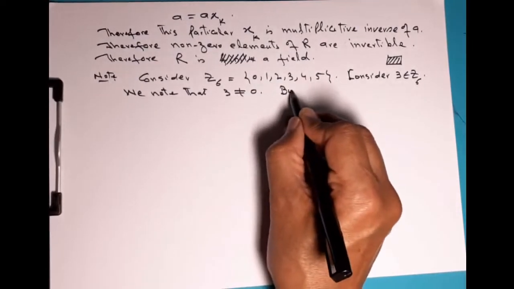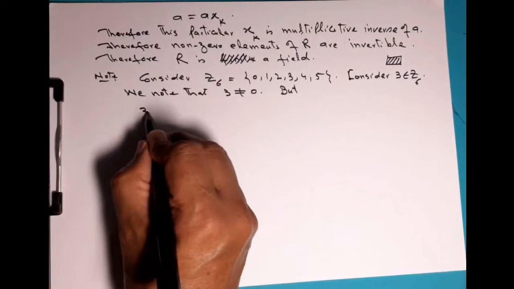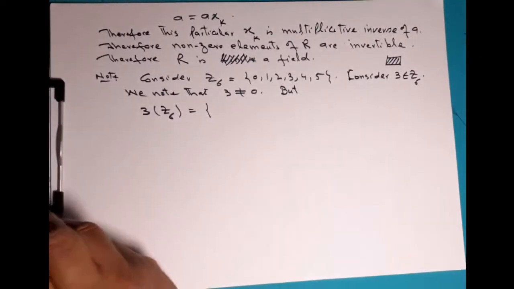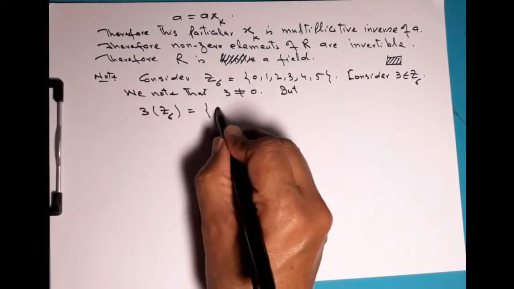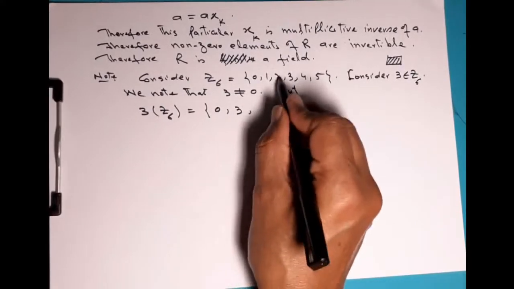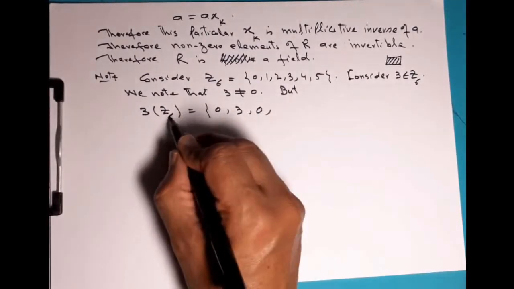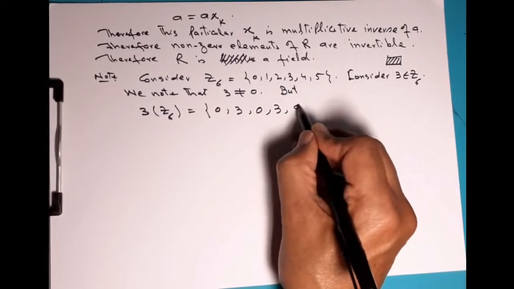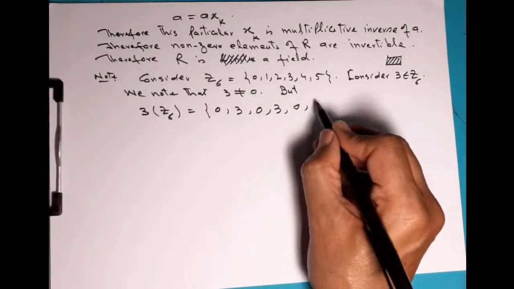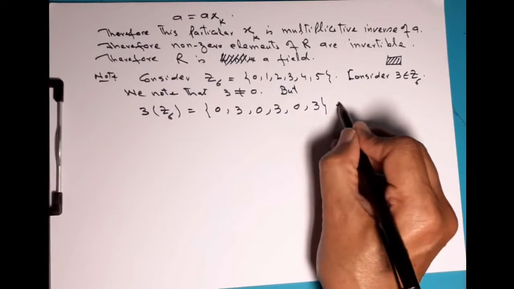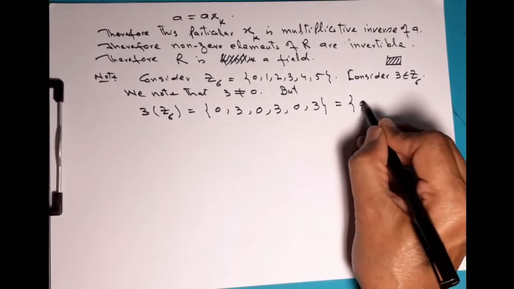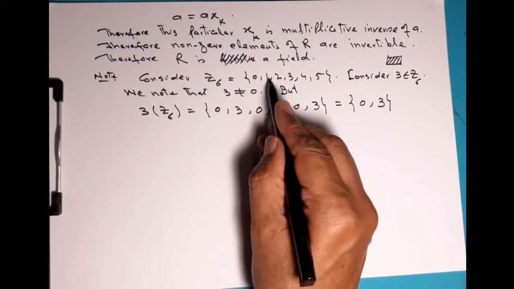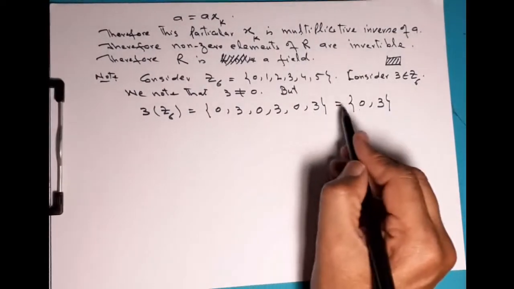But now see what happens. 3 times Z6 is equal to: 0 with 3 is 0, 1 with 3 is 3, 2 with 3 is 6, which is 0. 3 with 3 is 9, which is 3, 3 into 4 is 12, that is 0, 3 into 5 is 15, and that is 3 again. So note that this set is just 0 and 3. Z6 contained 6 elements, and 3 times Z6 contains only 2 elements.